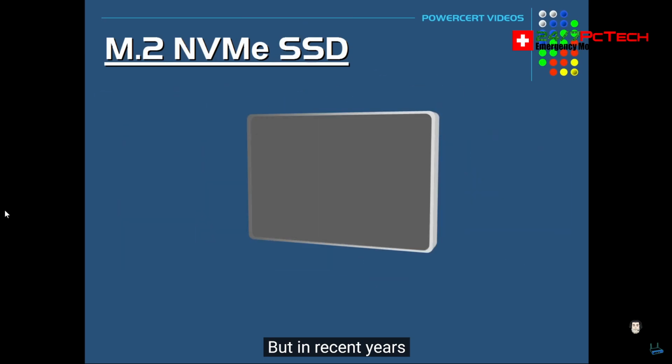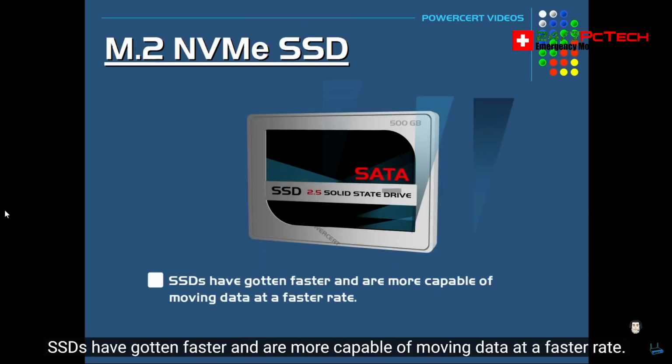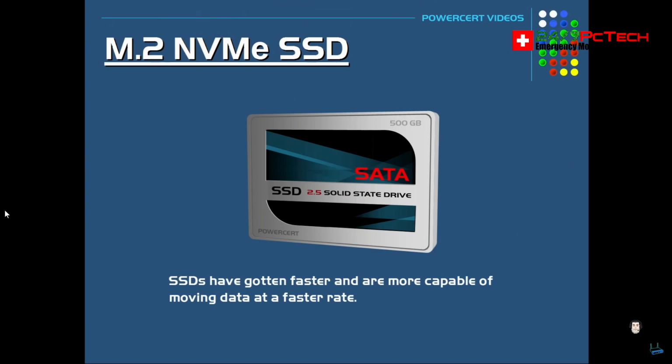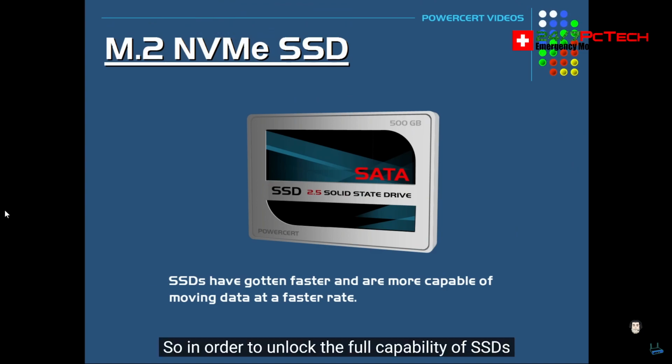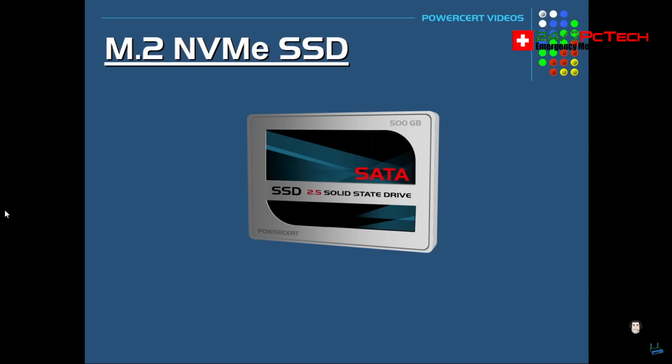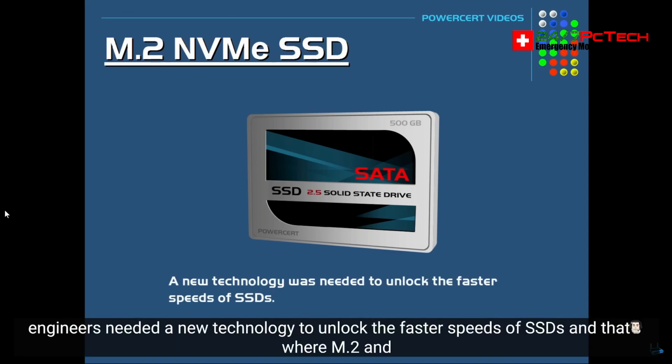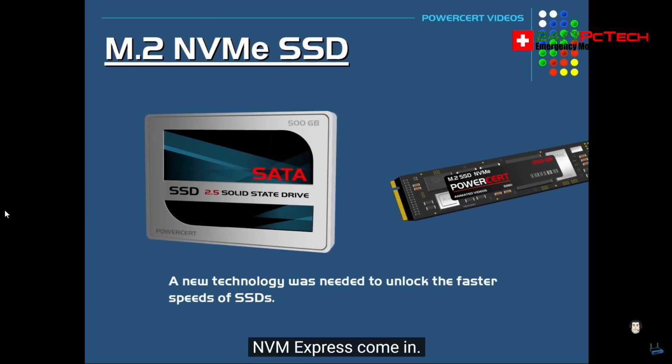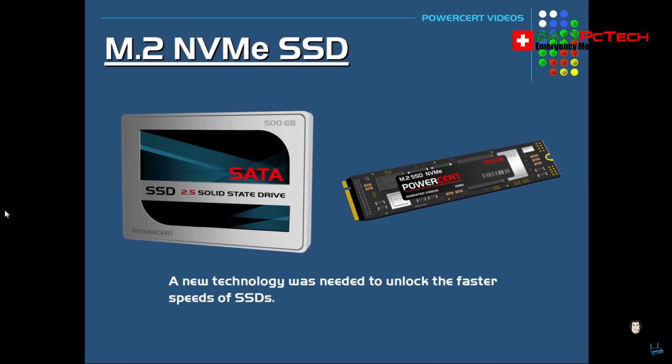But in recent years, SSDs have gotten faster and are more capable of moving data at a faster rate. So in order to unlock the full capability of SSDs, engineers needed a new technology to unlock the faster speeds of SSDs. And that's where M.2 and NVM Express come in.